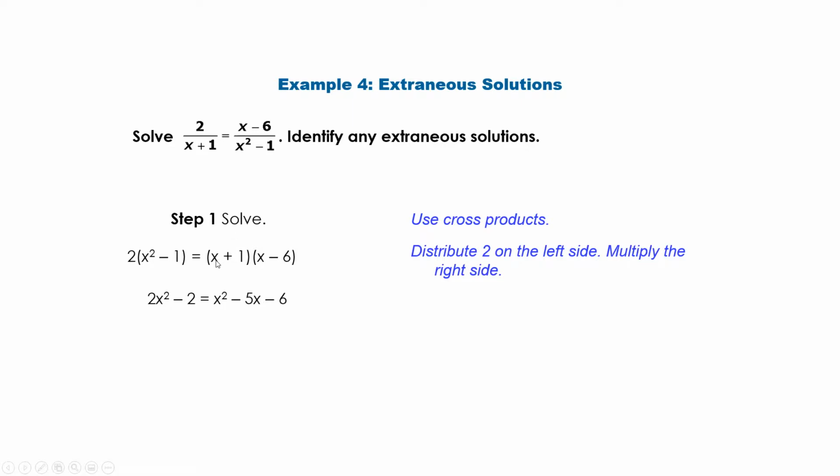So, x plus 1 times x is x squared plus x. This is how it will go, guys. It's just like this. The FOIL method.